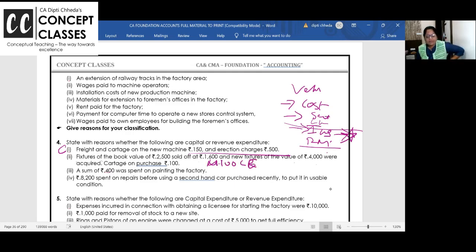Now the old 2,500 machine you have sold for 1,600. 1,600 is a capital receipt, related to capital expenditure, plant and machinery. So bank account debit to machinery, and now there is 900 a loss, revenue expenditure. Loss on sale of asset is a revenue expenditure, charge it off to the P&L account.